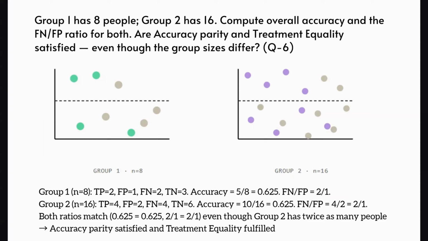The last one, compute accuracy and the ratio for both FN and FP. So accuracy would be how many are correctly placed. 2 are correctly placed here, 3 are correctly placed here, so 5 on 8. Similarly, 4 are correctly placed here, and 1, 2, 3, 4, 5, 6 are correctly placed here.